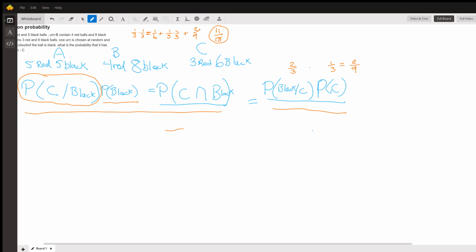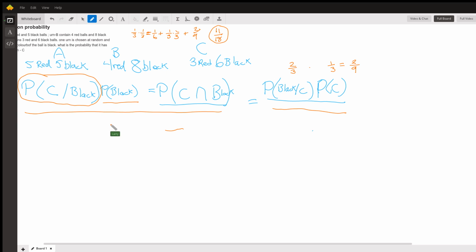Let's make sure that's right. 2 out of 9 is 4 out of 18, and 4 plus 4 is 8 out of 18, plus 3 is 11 out of 18. Good. Okay, so that's the probability overall that you pick a black ball.